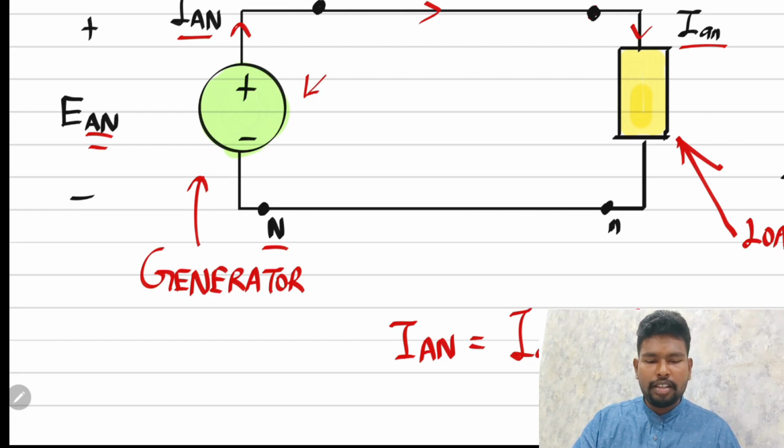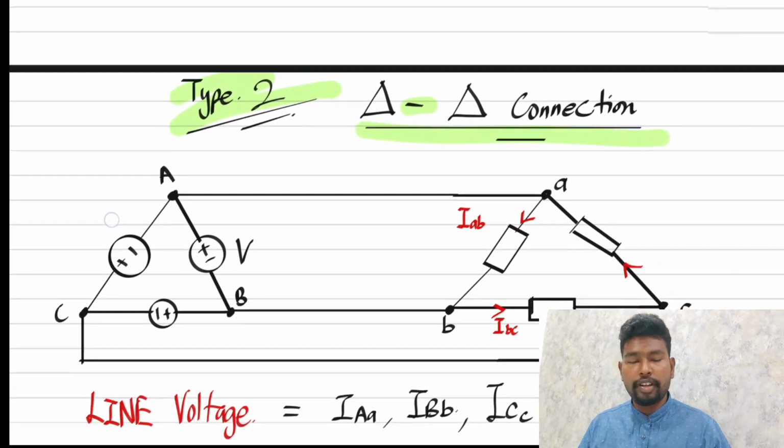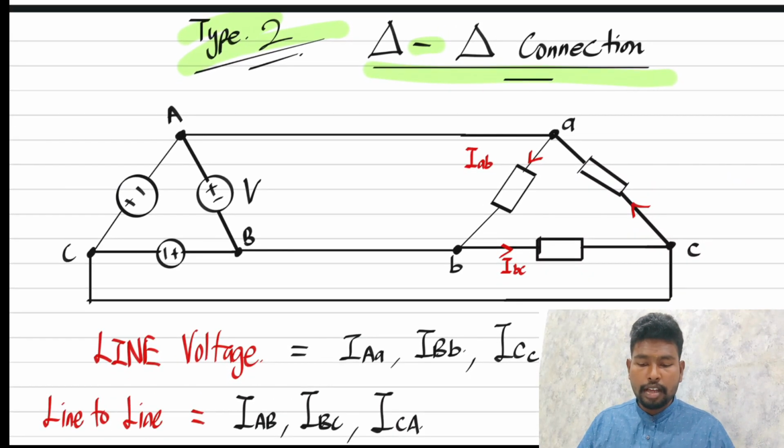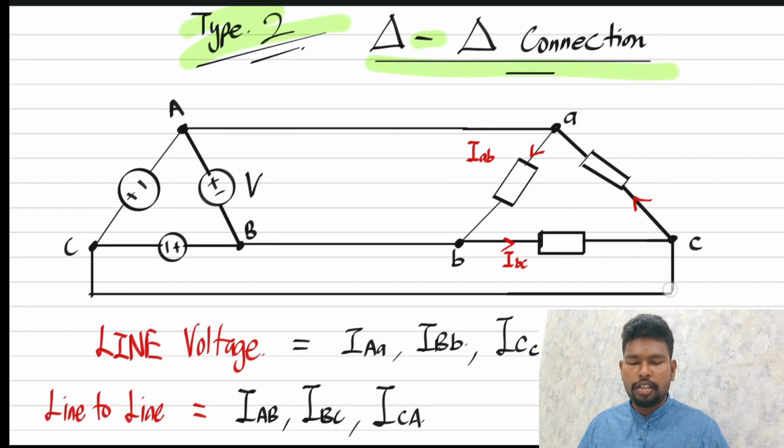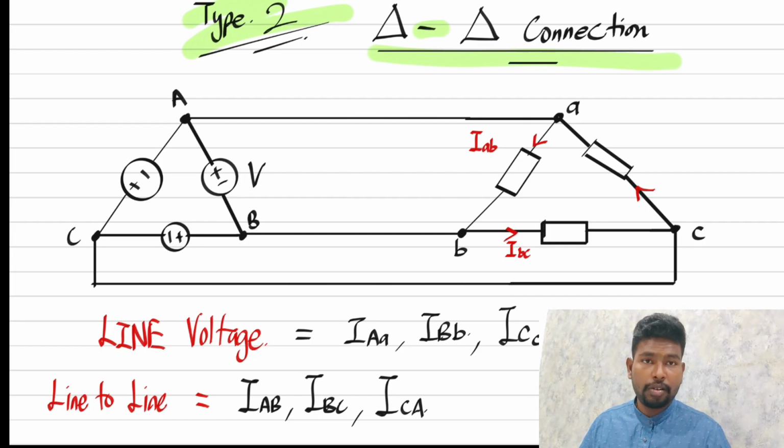Alright, so now let's look at the delta-delta connection. This one has really important things to be considered: line voltage and line-to-line current or line-to-line voltage. Before that, let's look at the previous concept I mentioned in the video.